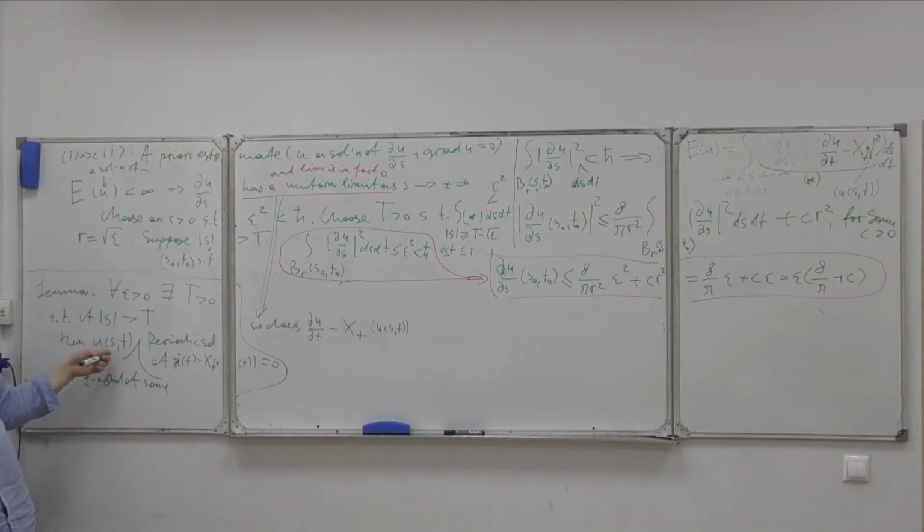the function U_{S,T} as a function, and if I choose T, capital T, not small t, large enough, and fix S greater than this T, then this thing will be in the epsilon neighborhood of just one periodic solution. Why? Because there are finitely many, so the set of all periodic solutions with respect to the uniform metric is Hausdorff.